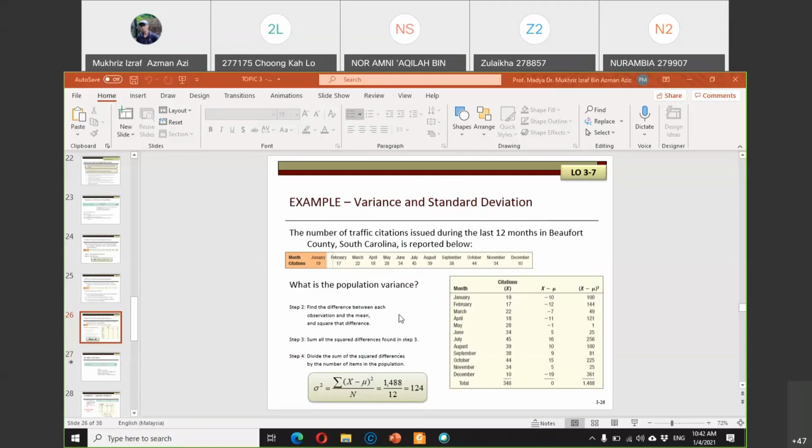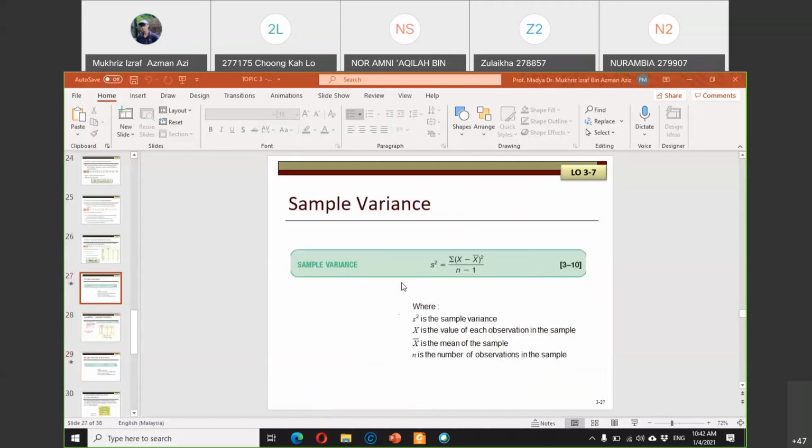This example only shows you population variance, which is the squared value. So by default, the formula calculates variance. If you want to calculate standard deviation, you need to take the square root of the variance. So that is one part, and then we proceed straight to the sample variance.